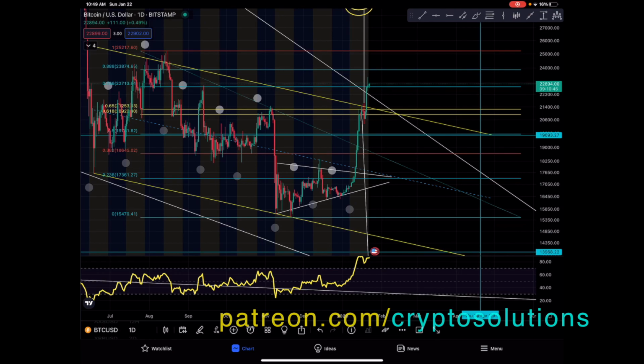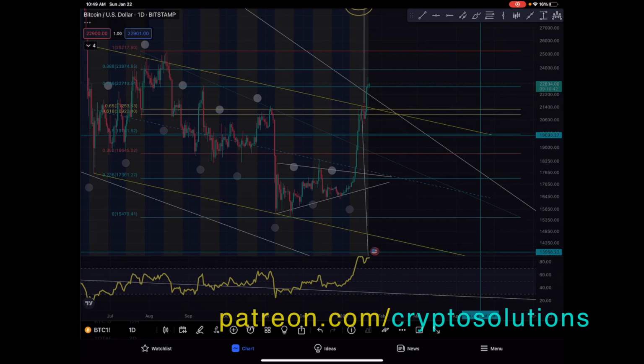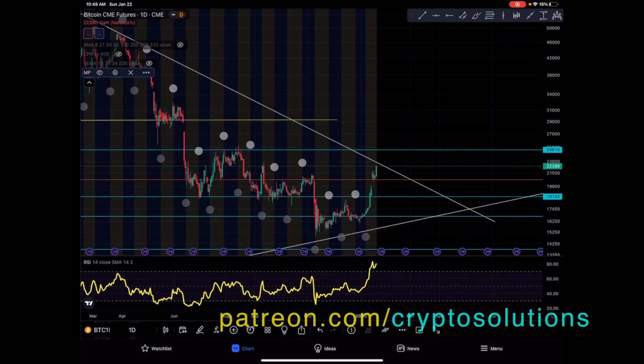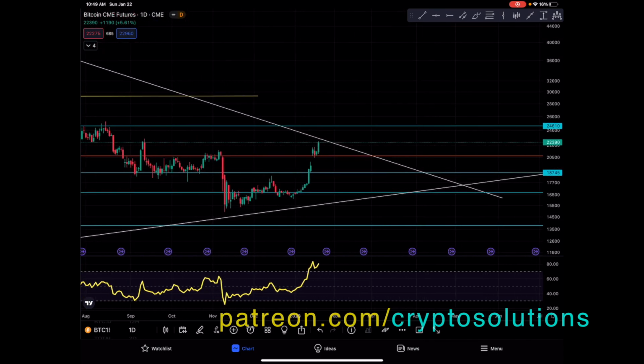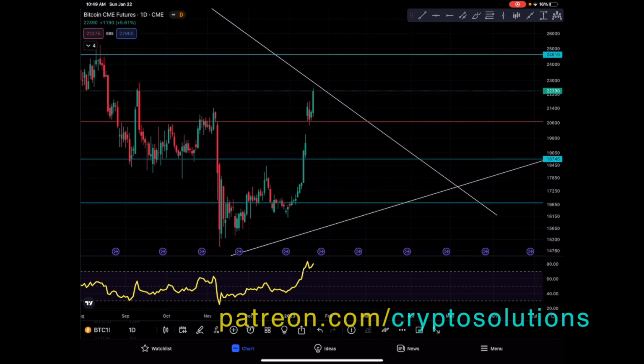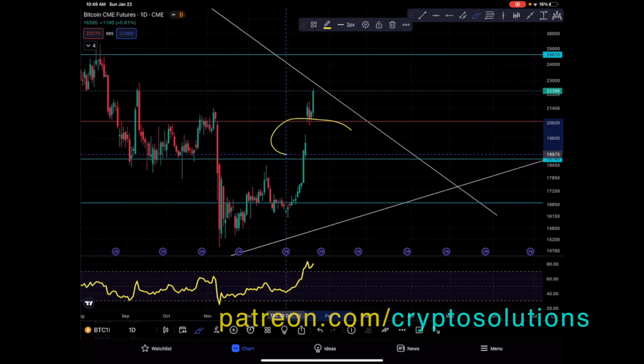Let's see here for the CME gap. Kind of turn off the moon phases here. There. So expect for this CME gap to be filled around this level here.